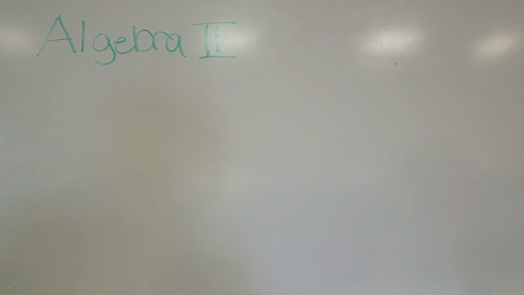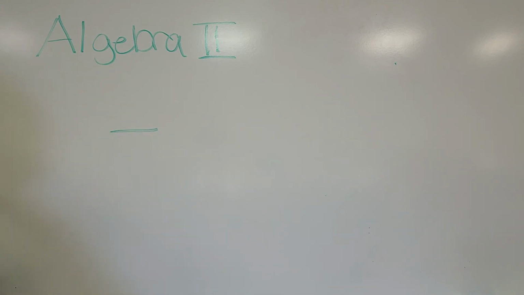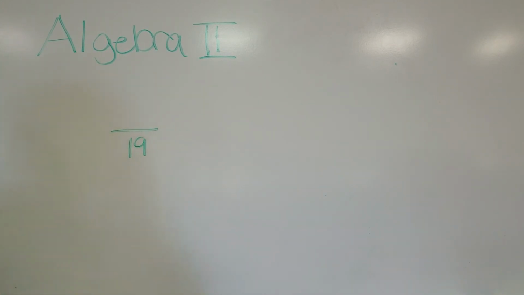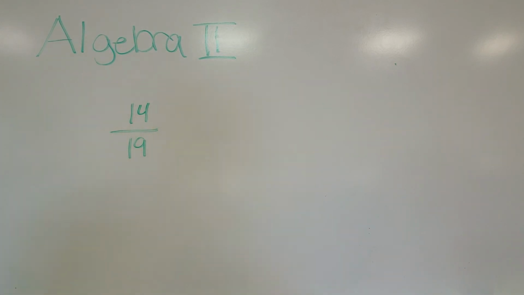Well, there's 4 and 5, which is 9, plus 2, which is 11, plus 8, which is 19. So there's 19 altogether. And then what are the conditions we want? We want anything that's not green. So how many are not green? 4 red, 2 white, that's 6, and 8 blue. So 6 and 8 is 14 out of 19 are going to be not green.